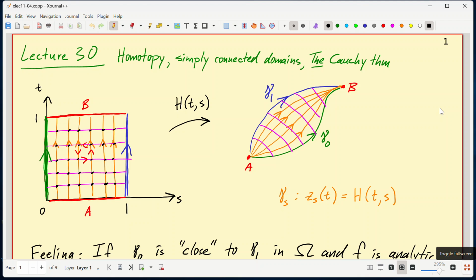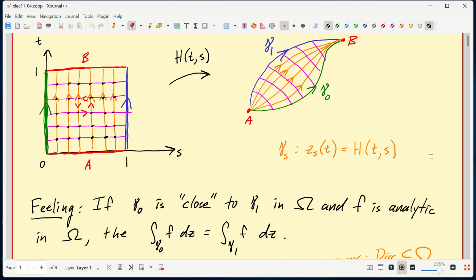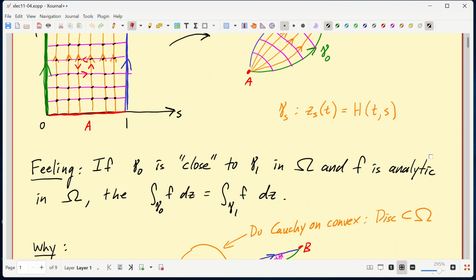Okay, well, I'm going to prove that the integral along those things doesn't depend on the curve when we're talking about analytic functions. And the feeling is if gamma naught is close to gamma 1 and f is analytic in the omega, then the integral along those closed curves should be the same.